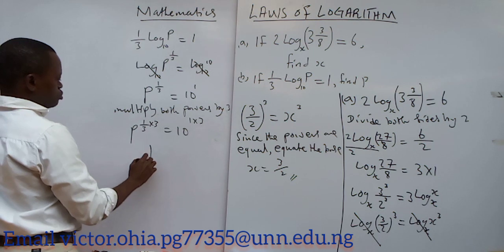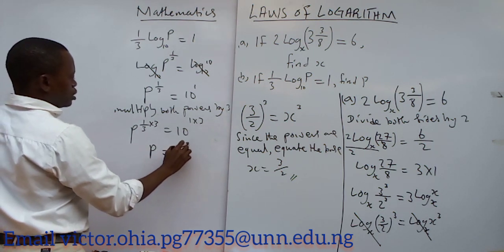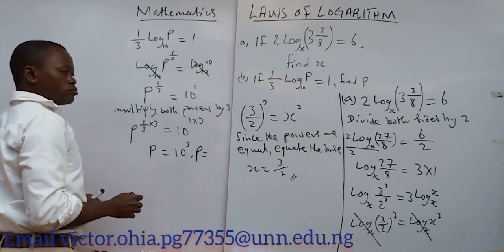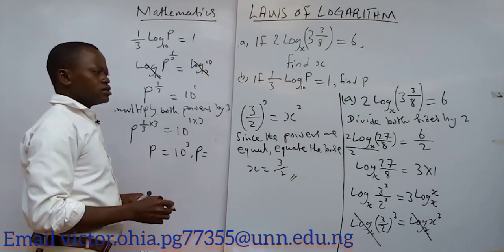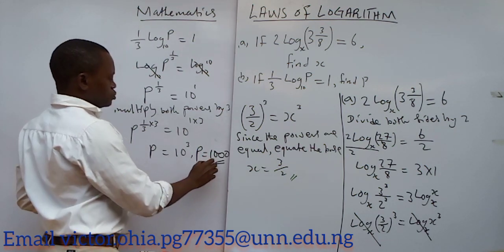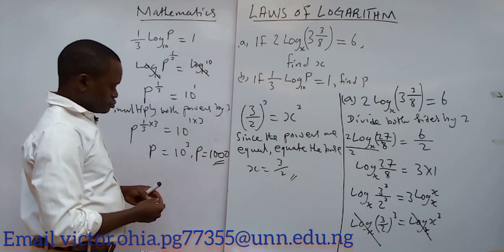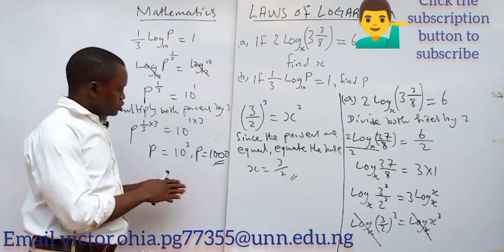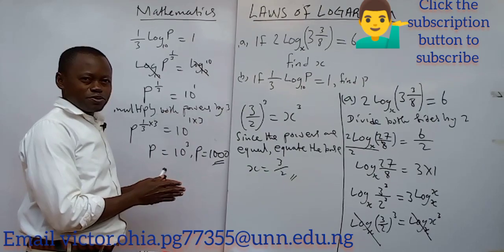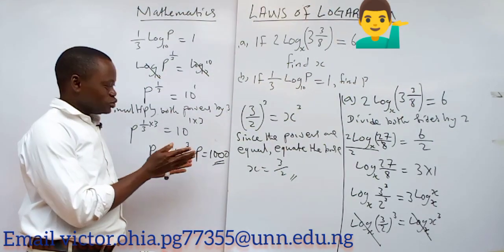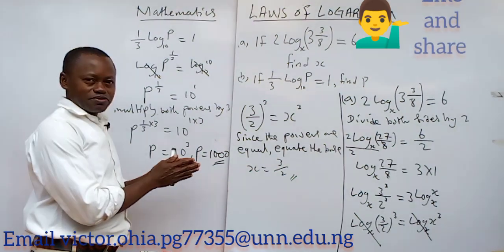All right, this will become p equals 10 raised to power 3. 10 raised to power 3 is what? 10 raised to power 2 is 100. 10 raised to power 3 is 1000. Okay, so you can see how we have been able to simplify this problem. I'm sure it is very, very clear, and I'm sure it does make a lot of sense.